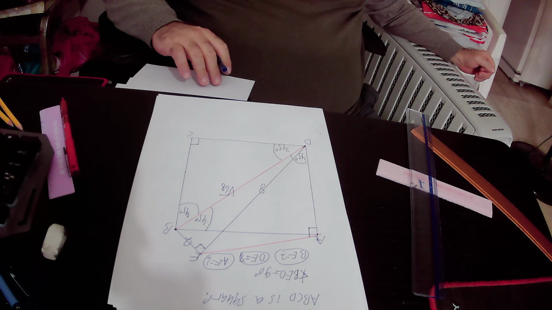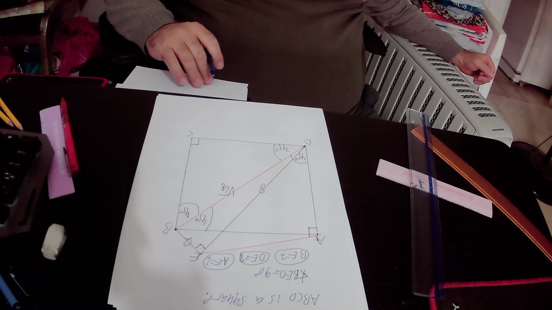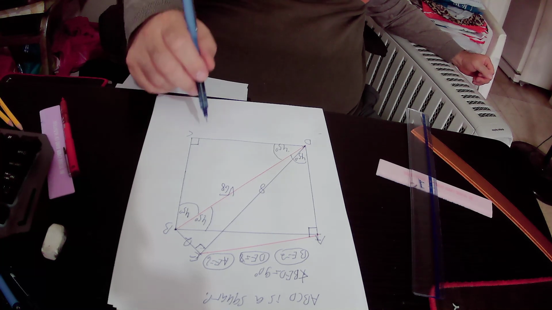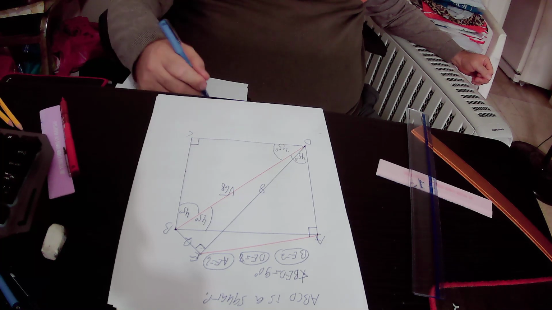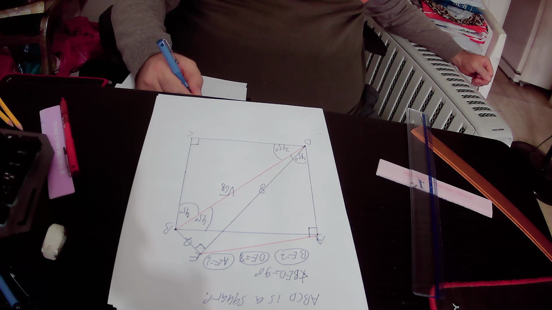Okay, so triangle BDC is a right triangle because this angle is a right angle. So triangle DBC is a right triangle.